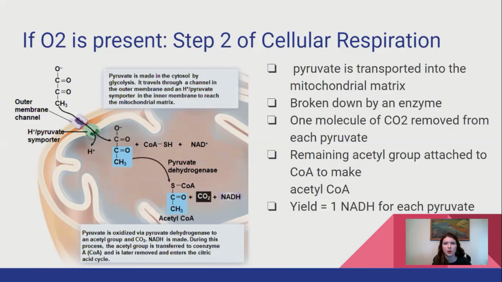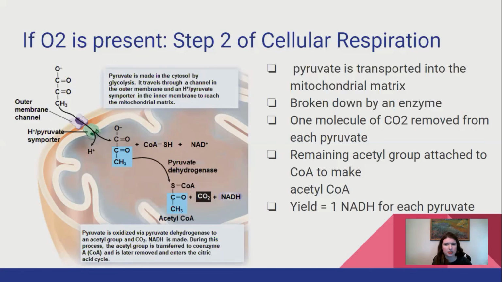Basically, we're left with what we call an acetyl group. That acetyl group gets attached to CoA, which is a coenzyme partially made from vitamin A, and it makes a molecule called acetyl-CoA. So we consider that basically one of our products of pyruvate oxidation. Along the way, we're also making one electron carrier, one molecule of NADH.